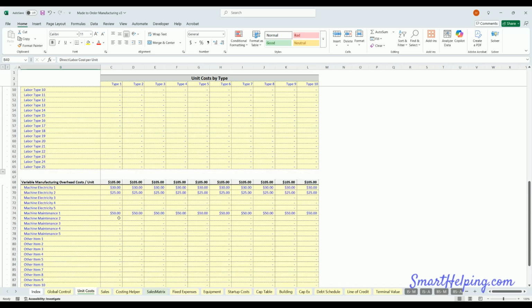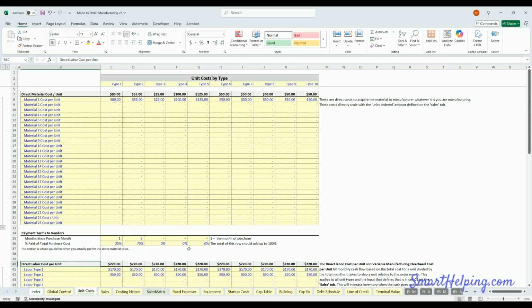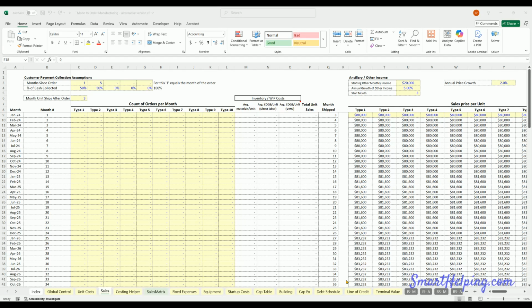I also updated the alternative version, which works just the same, but it has a couple of differences. So if we go to the alternative version, it's similar, but I did a couple of things, like you can automatically adjust the price of each unit type over time with the annual growth rate.